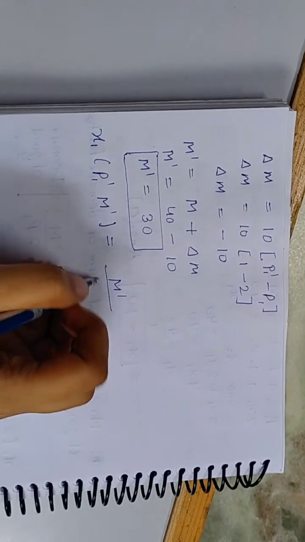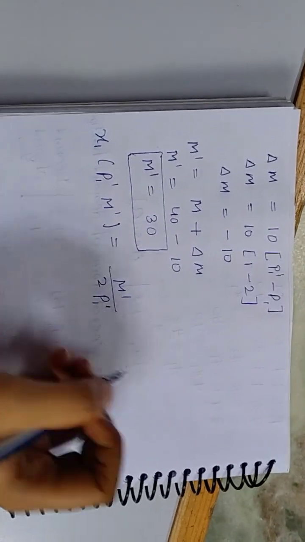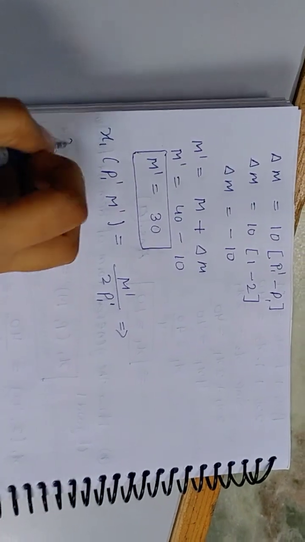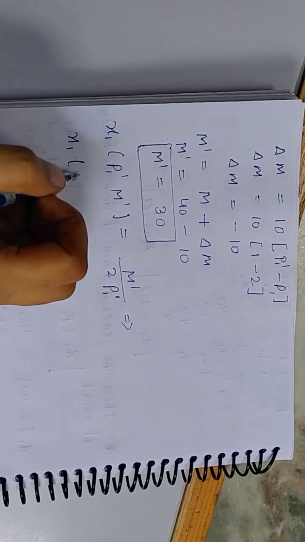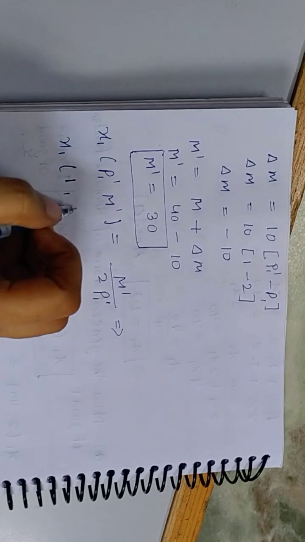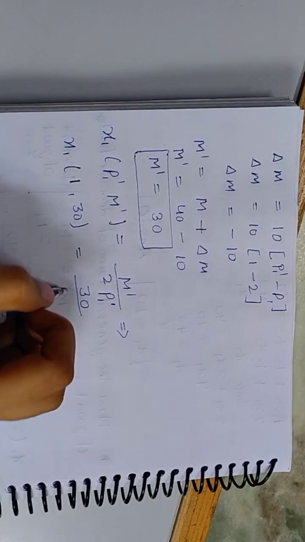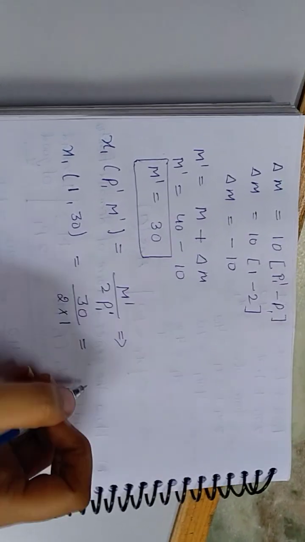M dash upon 2 times the new price. As we know, the new price would be 1 and the new income would be 30. Therefore 30 upon 2 multiplied by 1, this would be 15.